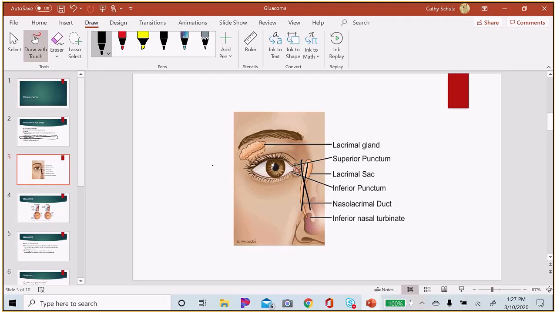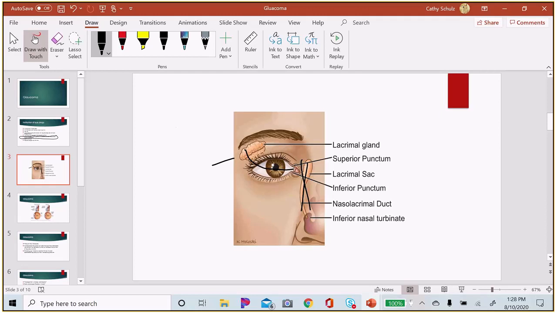So tears are made in the lacrimal gland, and they flow across the eye and are drained through this nasolacrimal duct into the nose, which is why when you cry, your nose feels runny, because more tears are draining into your nose. So if you allow the medication to drain into that nasolacrimal duct and into the nose, then you have the possibility of systemic absorption if the medicine rests against the nasal mucous membranes, just like when we were talking about calcitonin salmon.